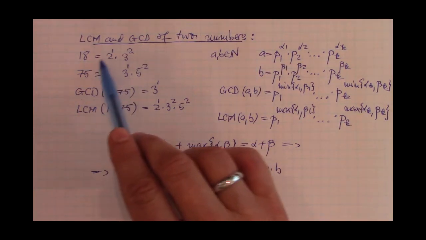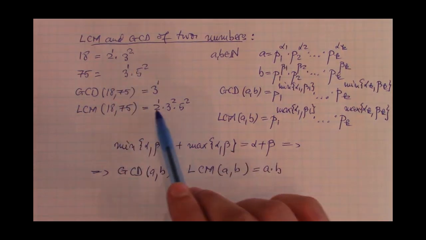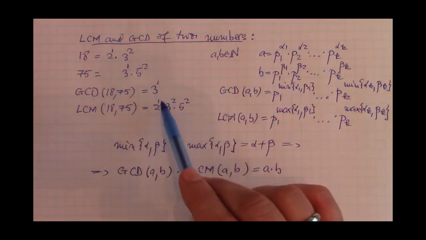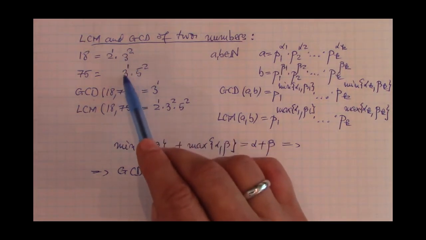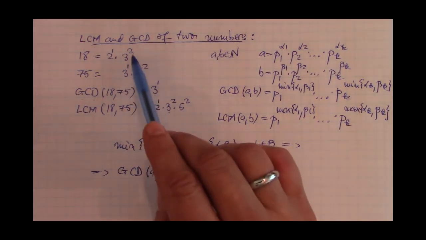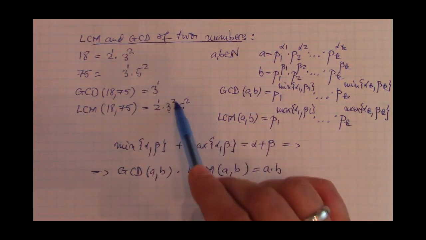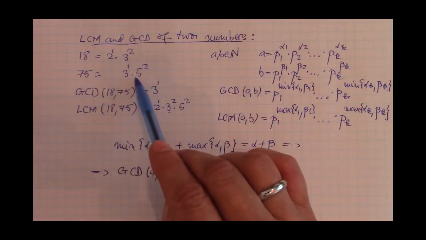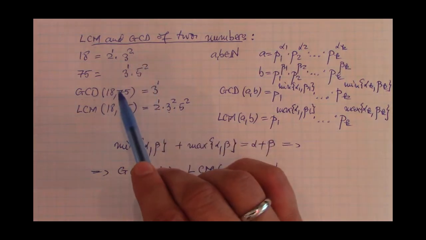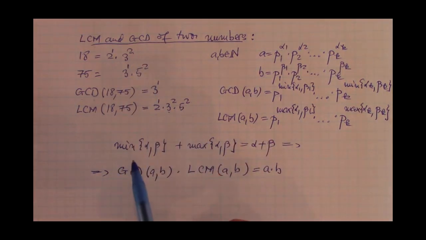Well, 2 appears in 18, it doesn't appear in 75, so we take it one time to the power of 1. Then 3 appears in both numbers, so we take it once, but to the higher of the two powers, so it's 3 to the power of 2. While 5 appears in the prime factor decomposition of 75, it does not appear in that of 18, so we take it as 5 to the power of 2.